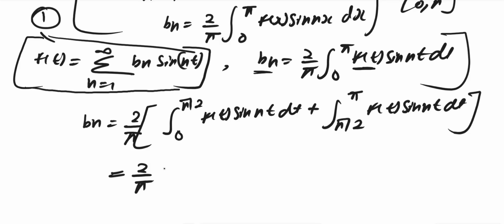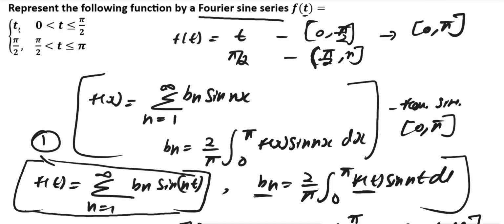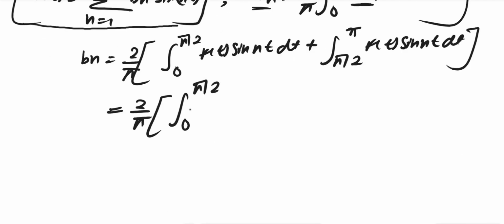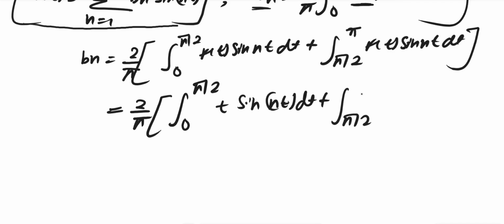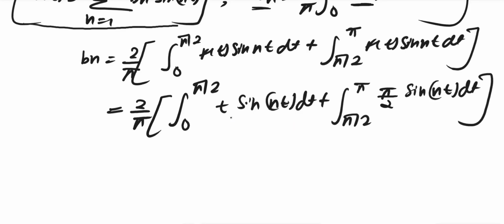Now, it is 2 upon pi integration 0 to pi by 2 of the function's value, which is t in the interval 0 to pi by 2 and pi by 2 in the interval pi by 2 to pi. So, it is 2 upon pi integration 0 to pi by 2 of t sine nt dt plus integration pi by 2 to pi of pi by 2 sine nt dt. Now, solve this.